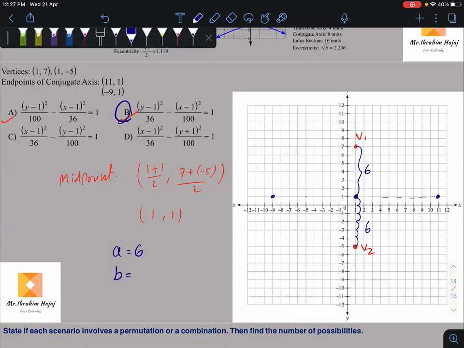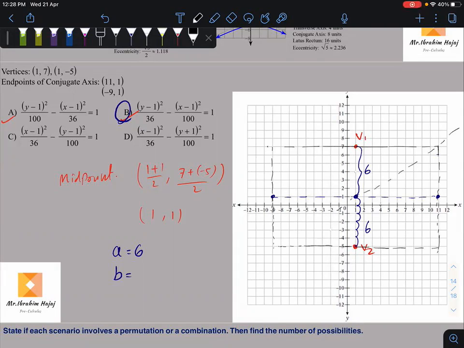This distance is the distance of the conjugate axis, and we can draw our framework, guys. Do you remember here? The rectangle. Draw the rectangle like this, passing through the vertices, dashed because it's not a part of the graph. And then draw your what? Asymptotes.